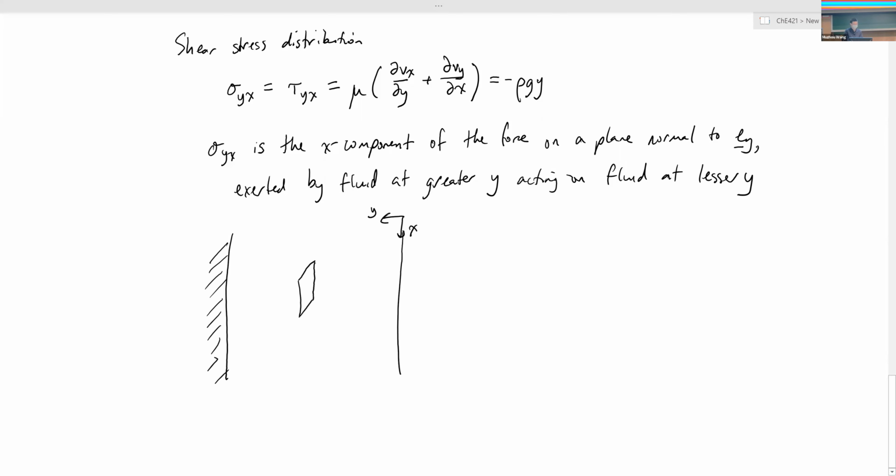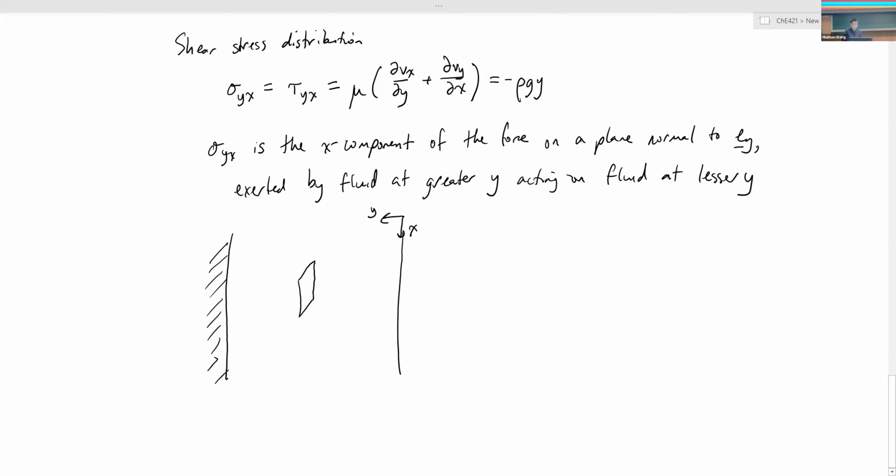The only thing I'll say here is that this solution is not necessarily unique, particularly as v gets large.